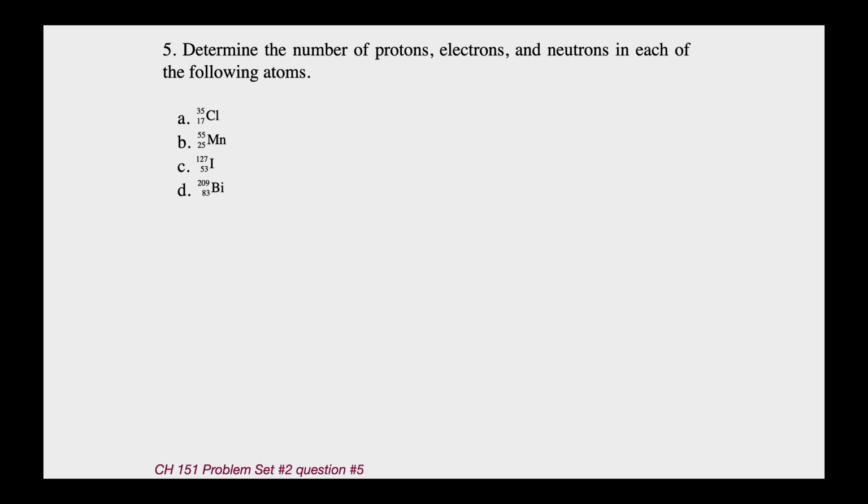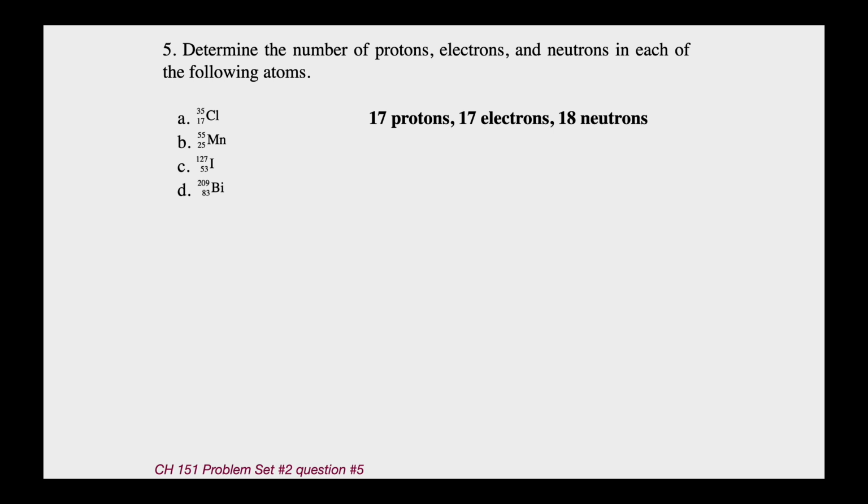So if there's 17 protons, there would be 17 electrons. And then finally, if you go 35 minus 17, that's going to tell you the number of neutrons. And I believe that's 18. Yes, good. My spur of the moment math is working okay.